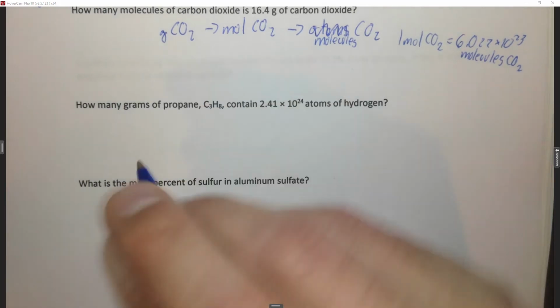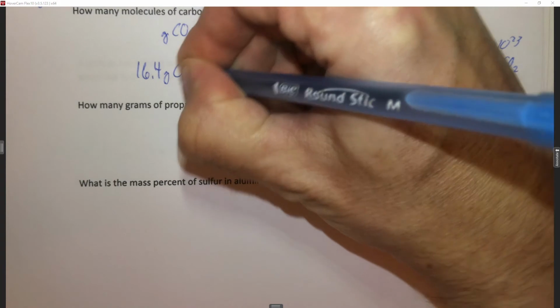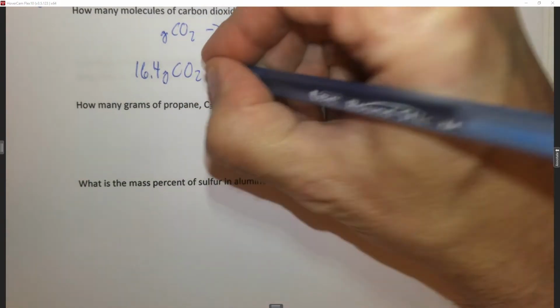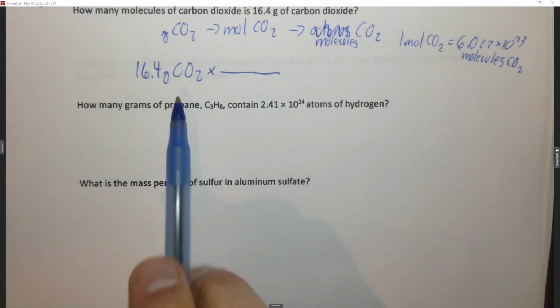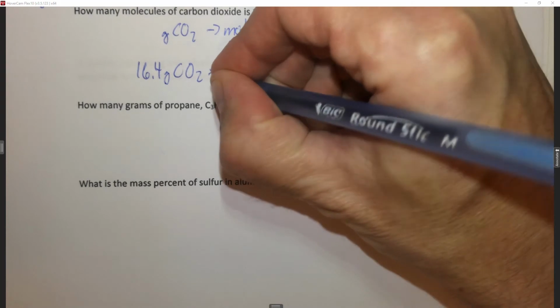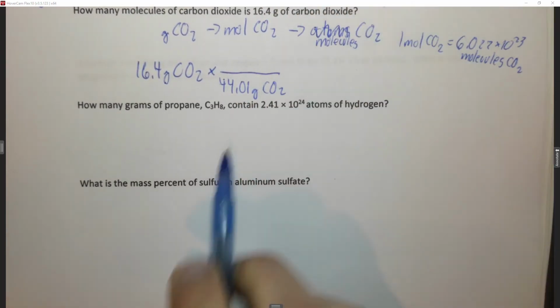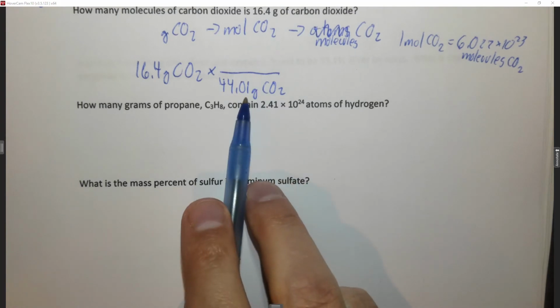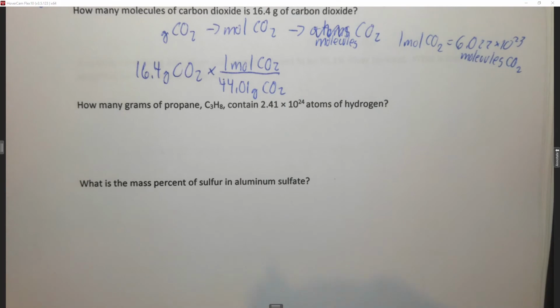Starting with 16.4 grams of CO2, we need to find the number of moles. Because we have grams, we put the molar mass on the bottom: 44.01 grams of CO2, which is carbon plus 2 oxygens from the periodic table, and the 1 mole of CO2 on the top.